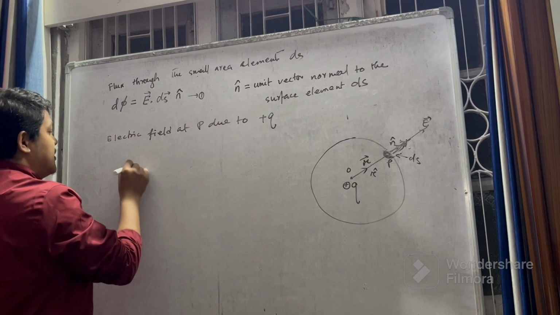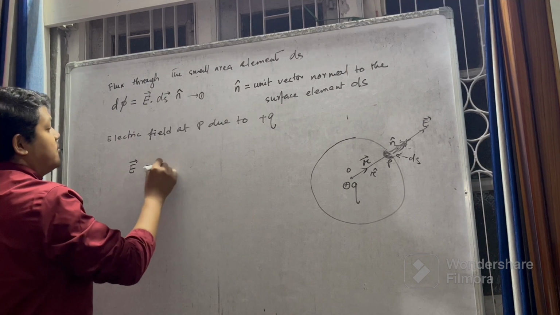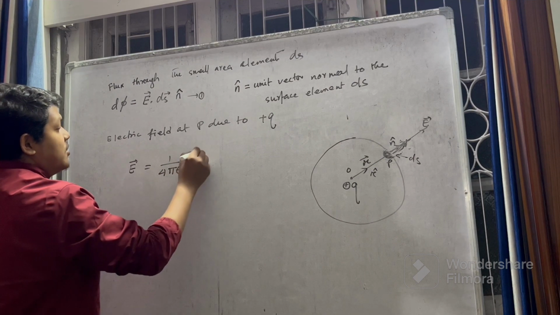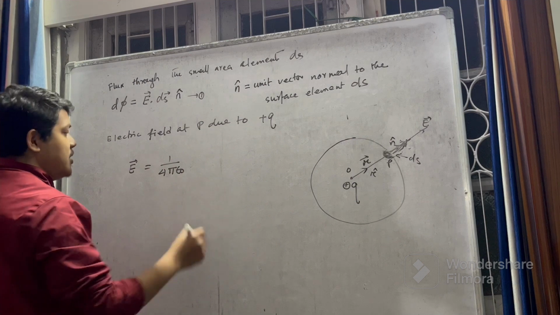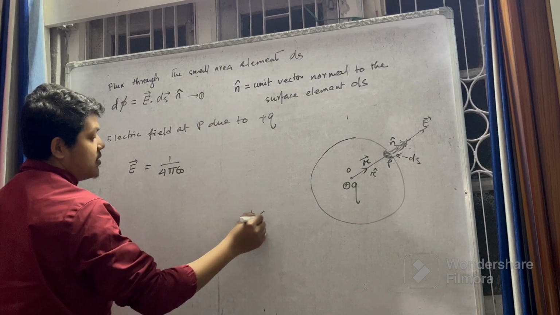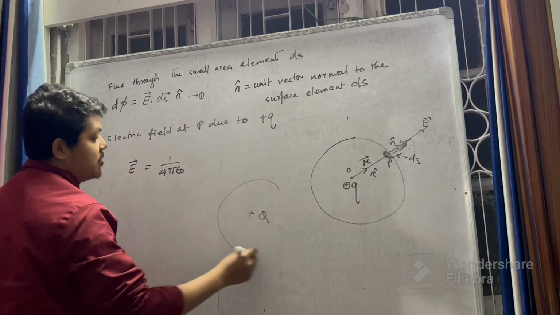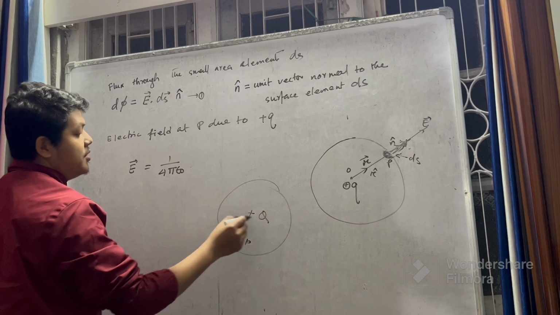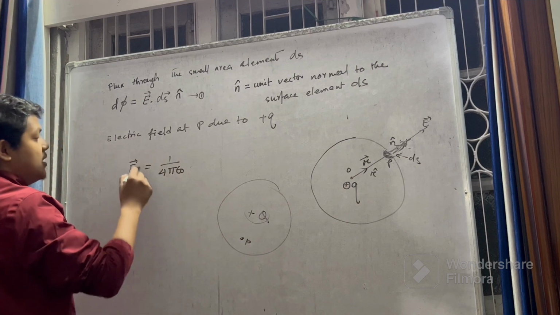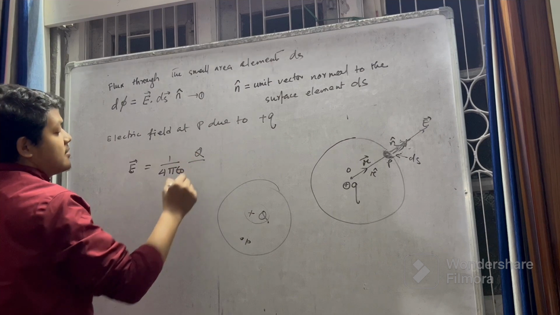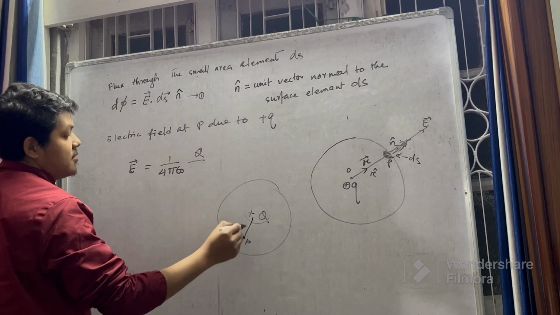That is, E vector is equal to 1 by 4 pi epsilon naught Q by r square r cap, where r is the distance between these 2 points.